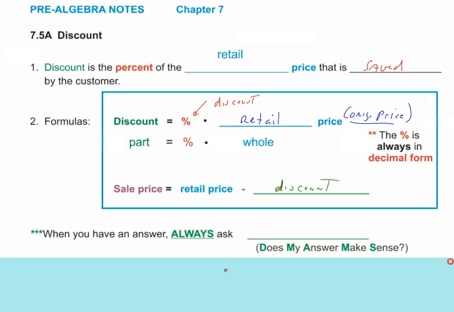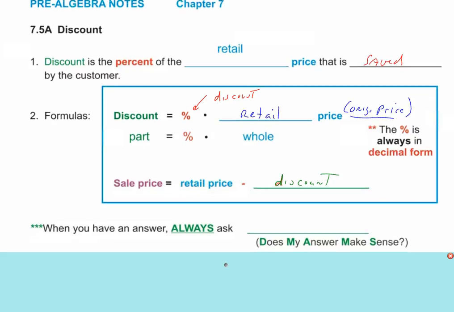Does that make sense? No. Either you figured the problem wrong or you found the solution to something else. What is the $15? The amount it's discounted. Therefore, the price of the item now will be $85, right? It was $100. So you got to be careful with word problems, and you got to ask yourself, does my answer make sense? And if you'll do that, you'll catch yourself and hopefully be in better shape.